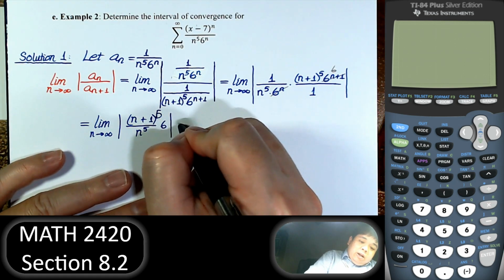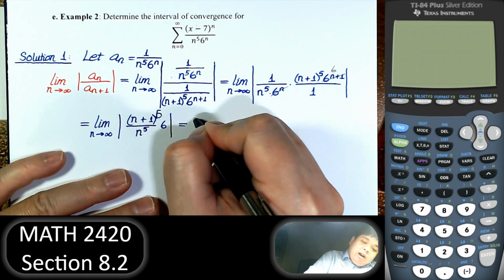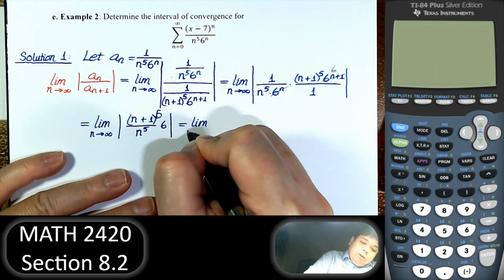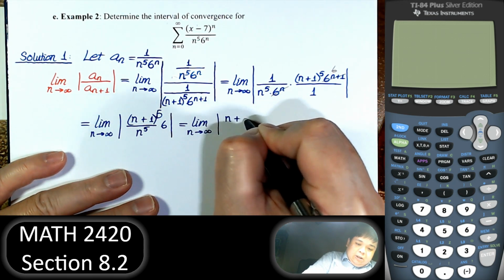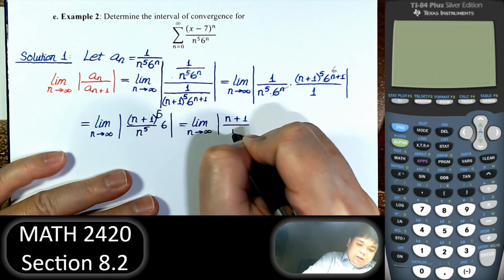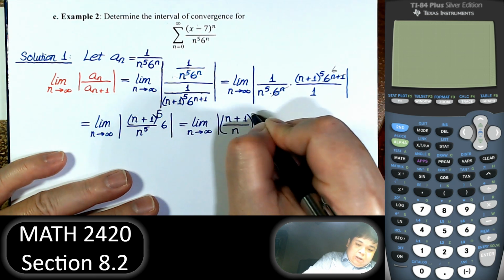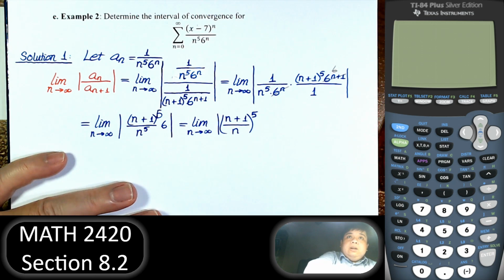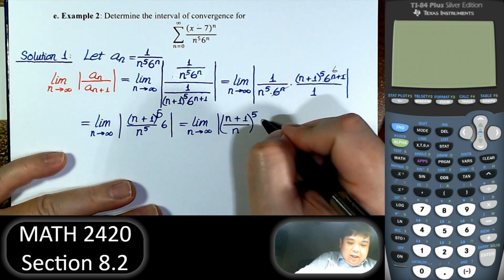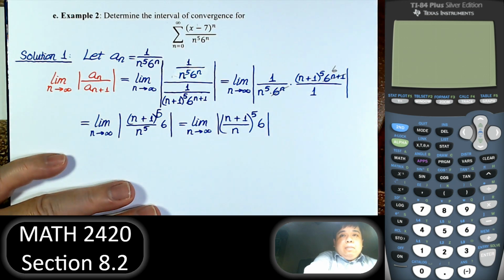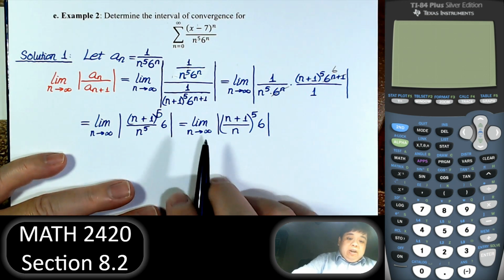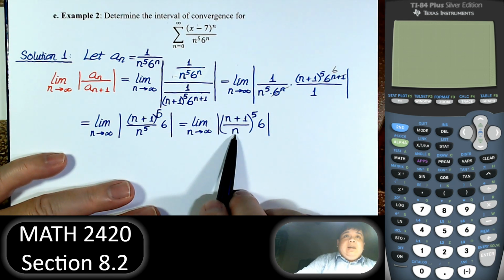Since both of them have the power of 5, I'll bring them inside. Power, and then 6. By the way, as n goes to infinity, n plus 1 and n are almost the same, right?